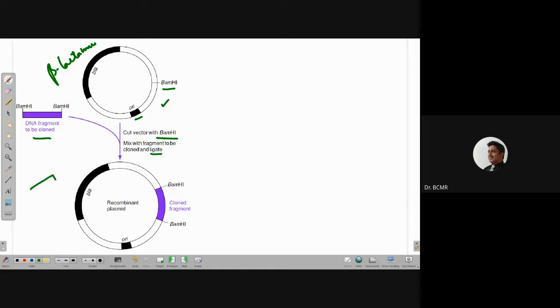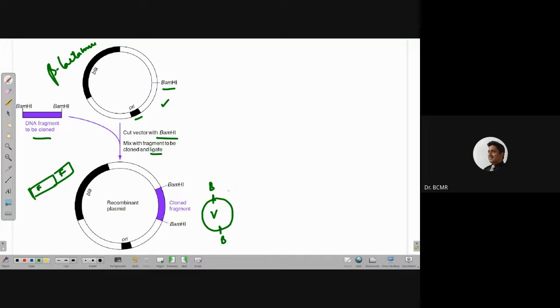You may have the fragment, multimers of fragments, because BamH1 ends are compatible with another BamH1. What may also happen is that vector-vector religation may also happen, right?